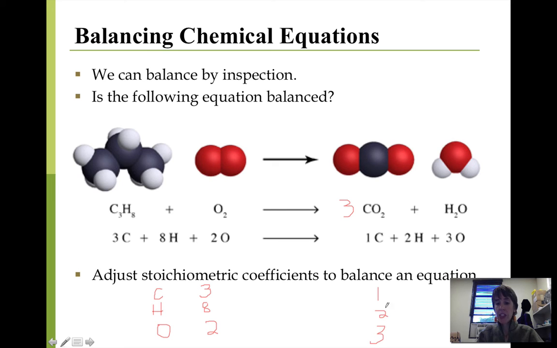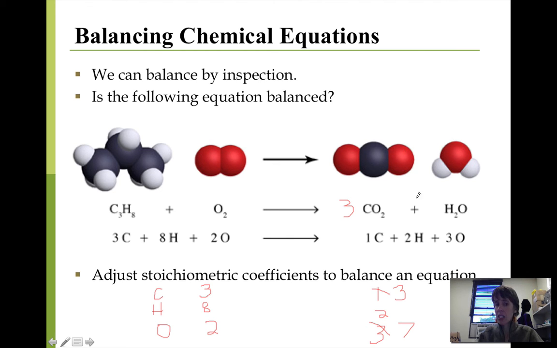And by changing the coefficient here to a 3, I now have 3 carbons. Now that also changes my number of oxygens, right? If I had 3 of these CO2 molecules, I'd have 6 oxygens here plus the 7th over on the right side. What else is out of balance here?